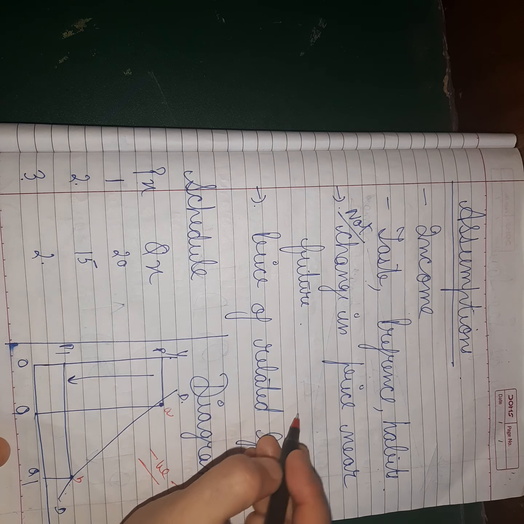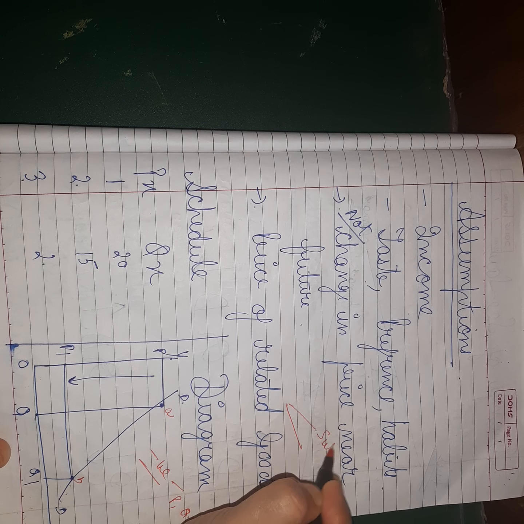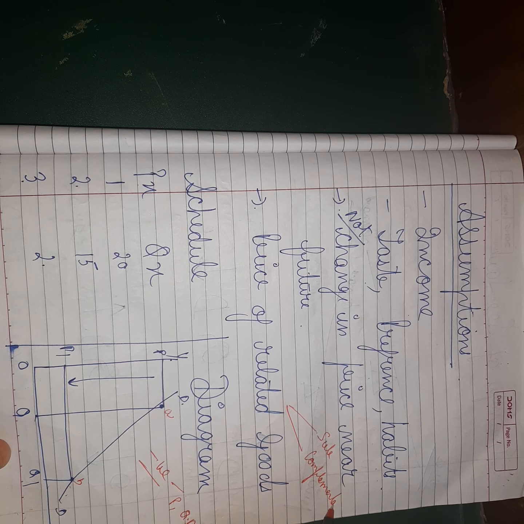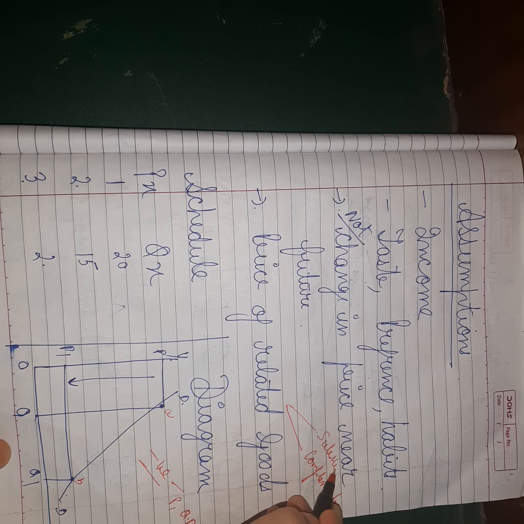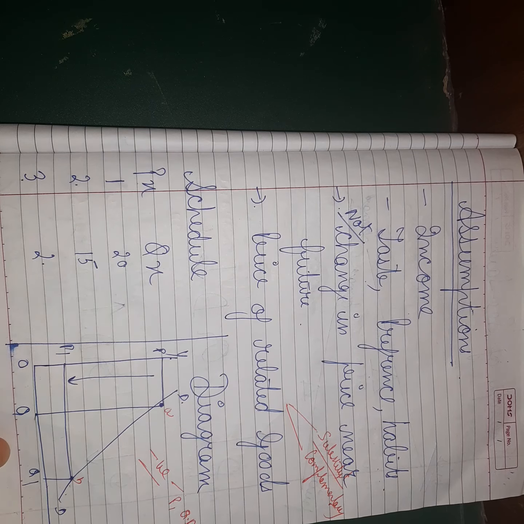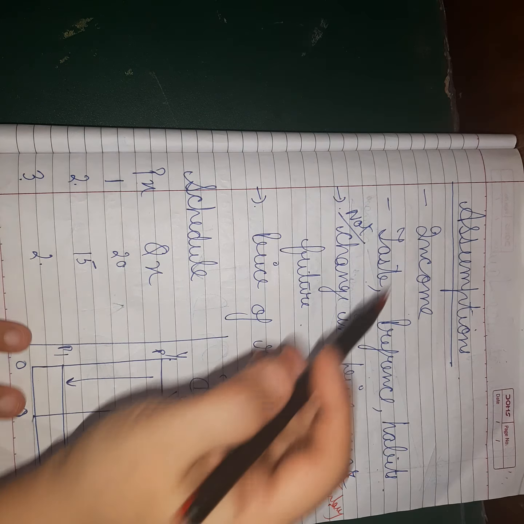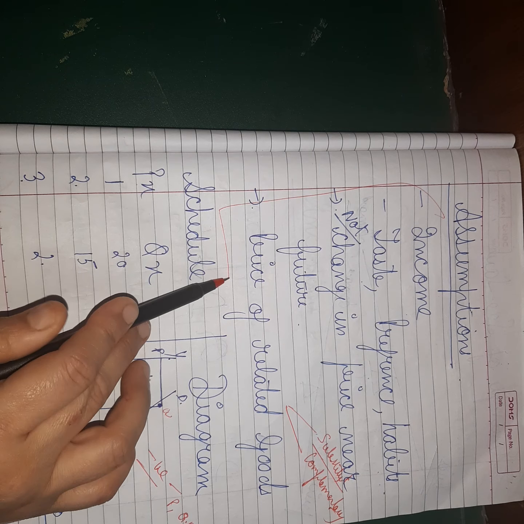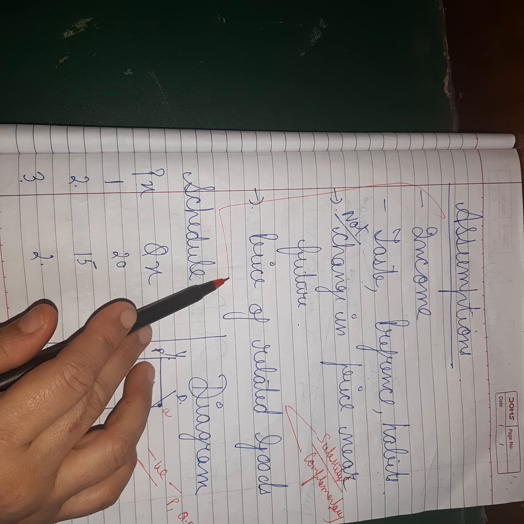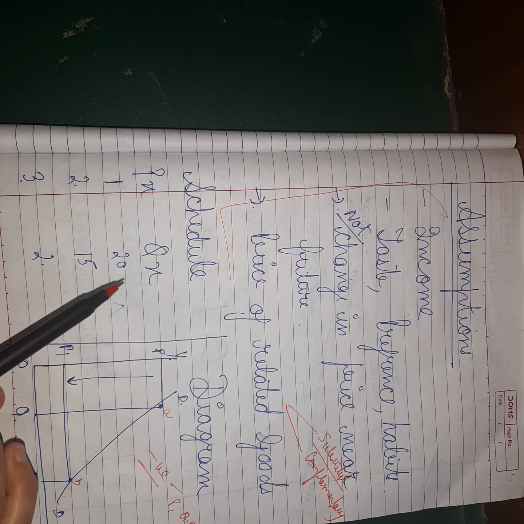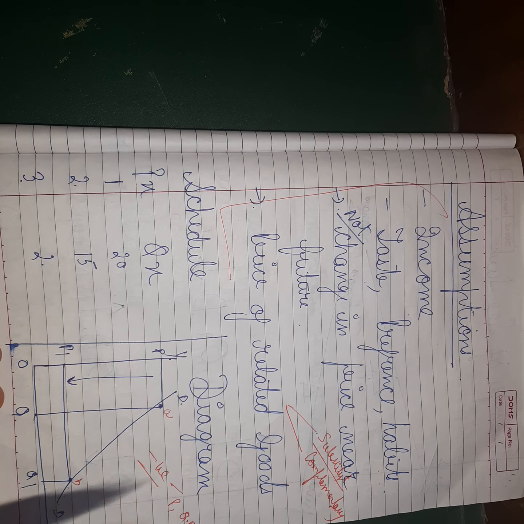We have done the related goods, that were substitute and complementary goods. So the prices of these goods are going to remain the same. If any one of these assumptions is not constant, then the law of demand is not applicable.